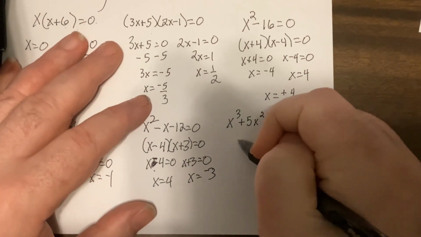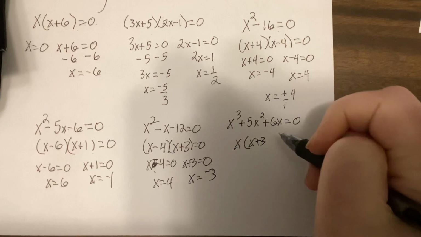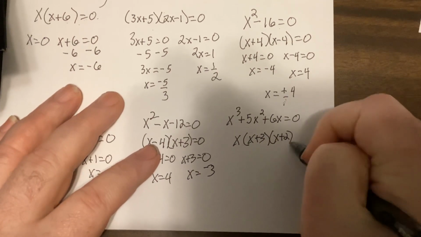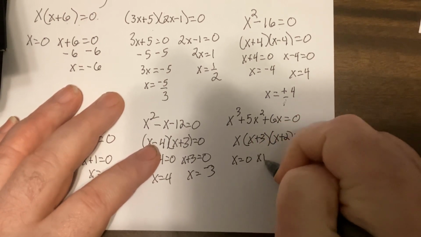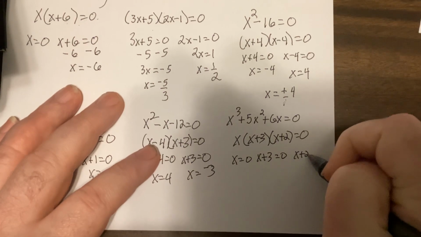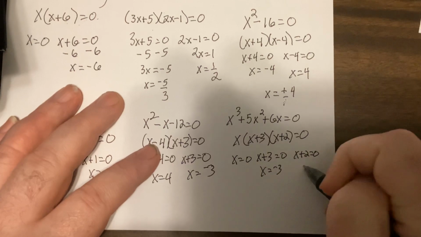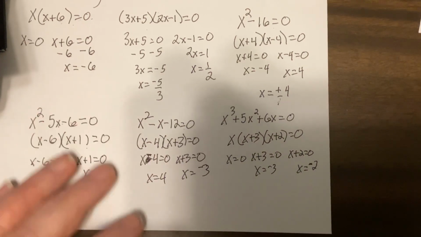Good. Factor this up: x times (x plus 3)(x plus 2). So x equals 0, x plus 3 equals 0, x plus 2 equals 0. So it's 0, -2, -3.